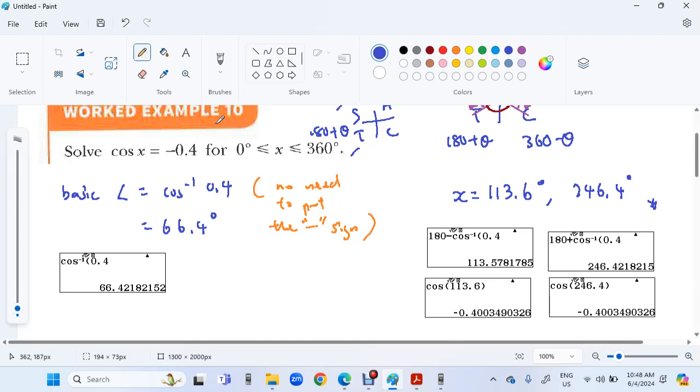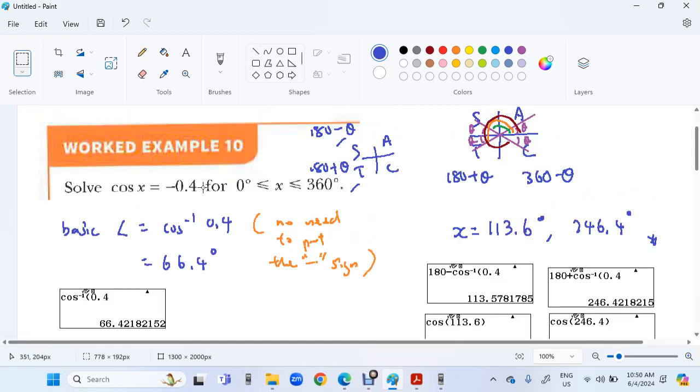For this question, I find the basic angle using 0.4 without the negative sign, because we want to find the basic angle. For this example, the basic angle here is 66.4, and this is also 66.4, and this is also 66.4 degrees.